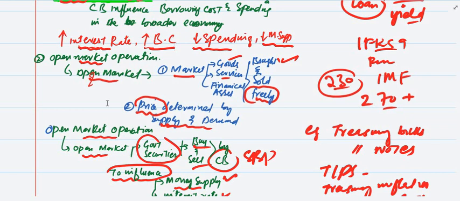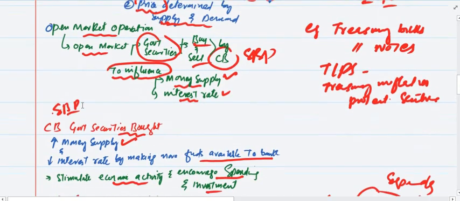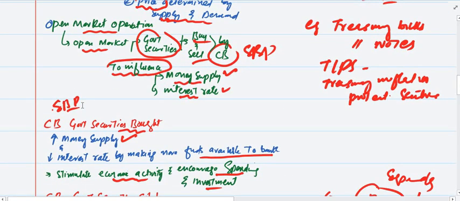Let's talk about what open market operation is, because we already discussed that the tool used for achieving the monetary policy objective is open market operation. We have discussed the market concept, then the open market concept, and now let's talk about the ultimate objective. What does open market operation mean?